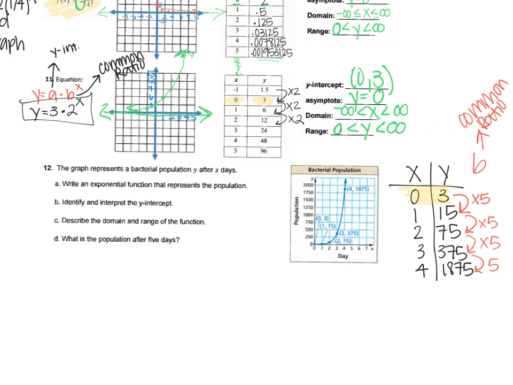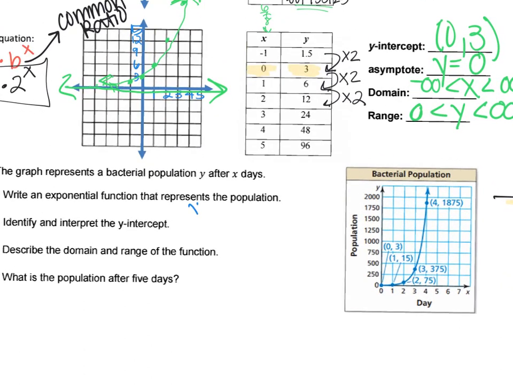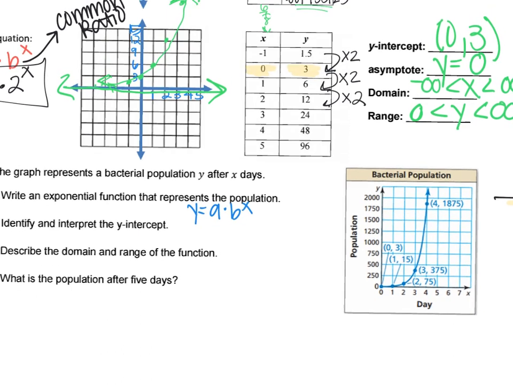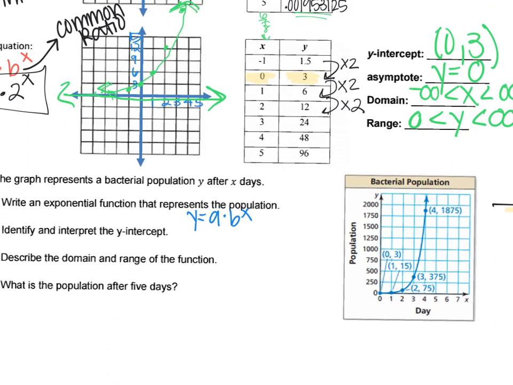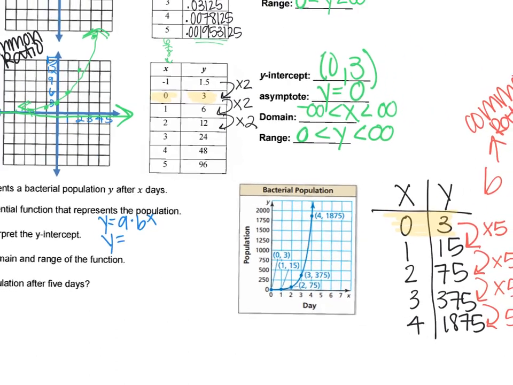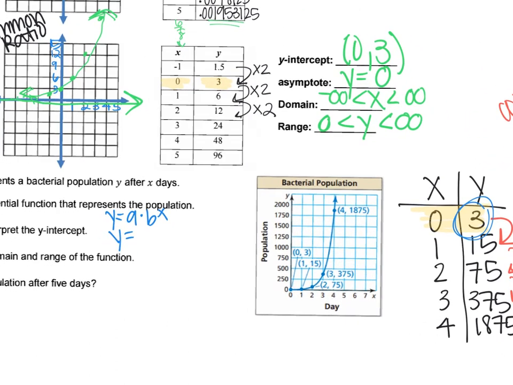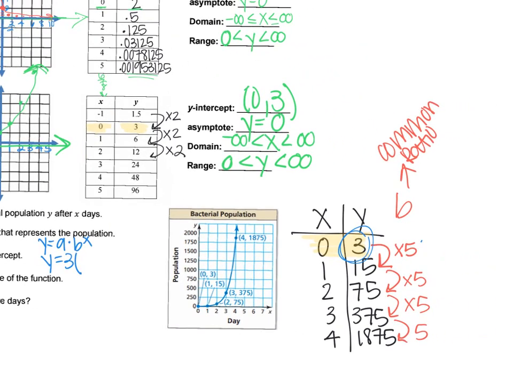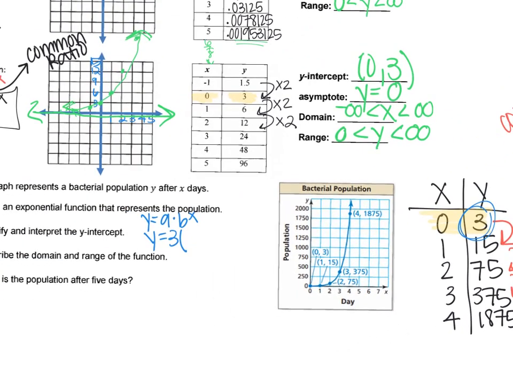So if I were to write an equation, which they want us to do, the equation is written y equals A times B to the X. I'll write it underneath. Okay, y equals A, which is 3, times B, which we said was 5, to the X. So there's our equation.